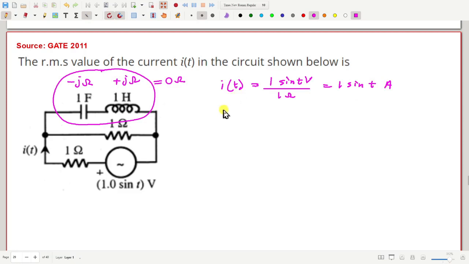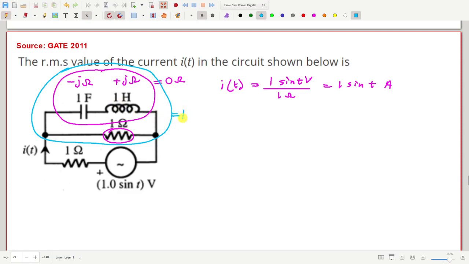Sir, by 2 ohms? No, sorry. This 1 ohm and 0, they are in parallel. Let us consider this part. How much is the equivalent impedance of this part?